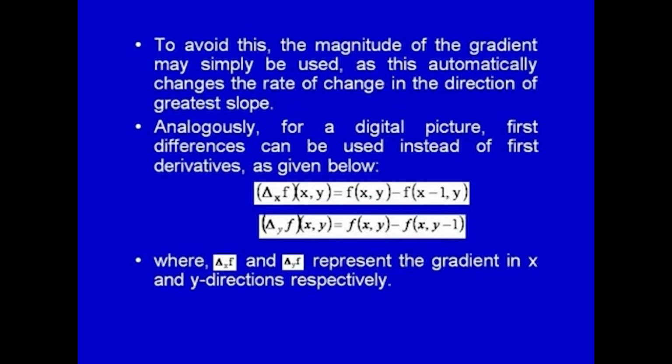That is, the first difference of the function with respect to x can be expressed as the function at x, y minus the function at x minus 1 comma y, and the first difference of the function with respect to y can be expressed as function x, y minus function x comma y minus 1, where the first derivatives of the function with respect to x and with respect to y represent the gradient in the x and y directions respectively.